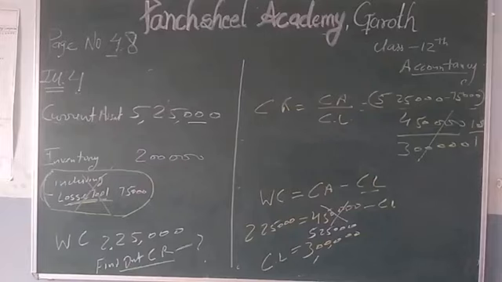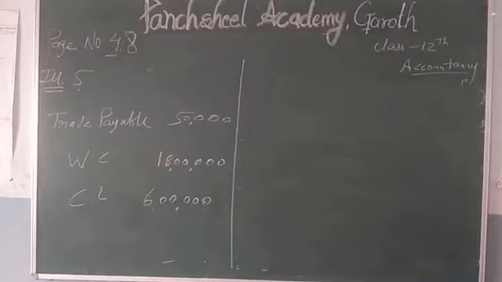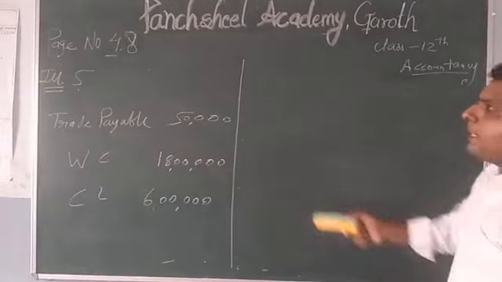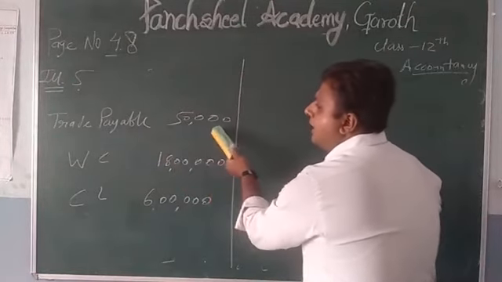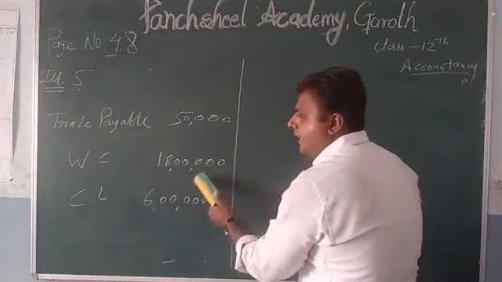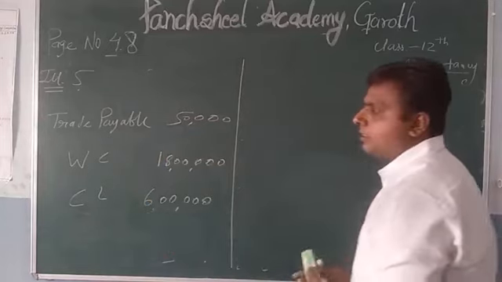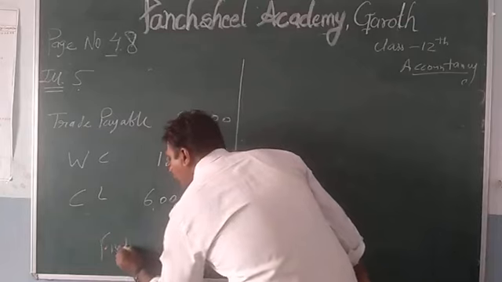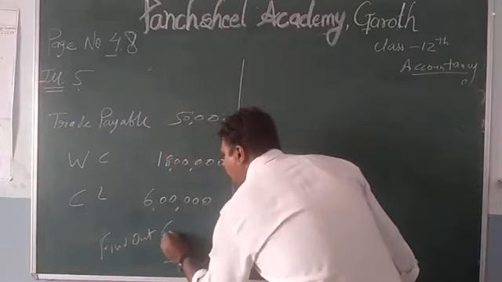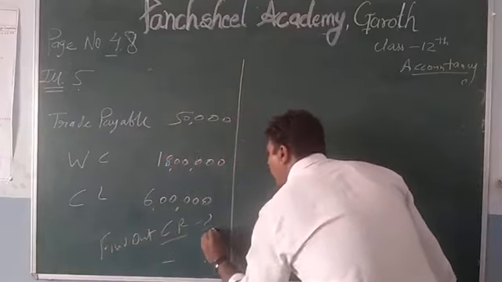Okay, moving to our next question. This is illustration number 5, page number 508 question. Bills payable 50,000, working capital 18 lakh, current liability 6 lakh. The question asks you to find out current ratio.